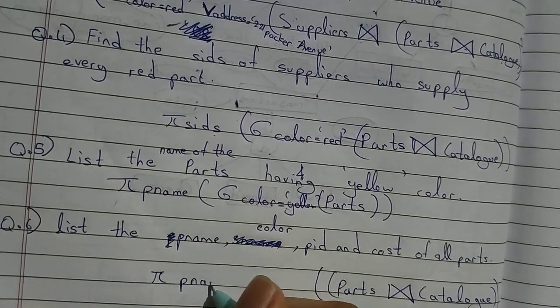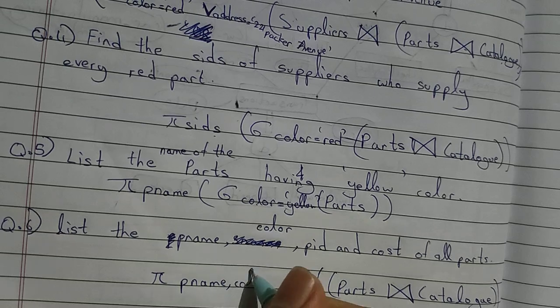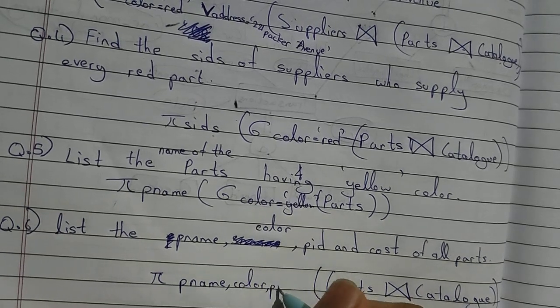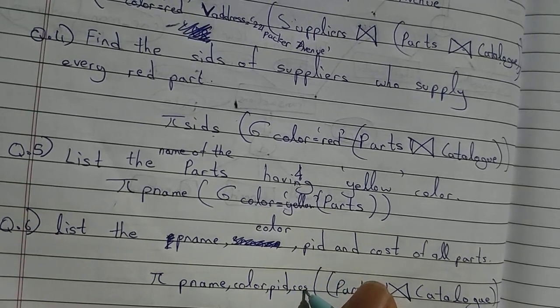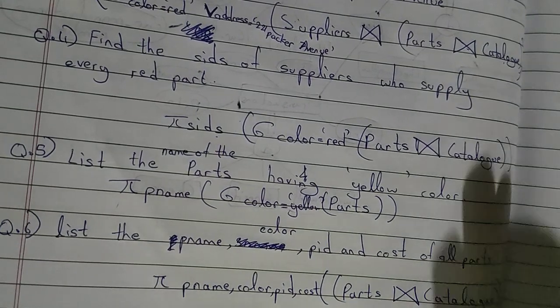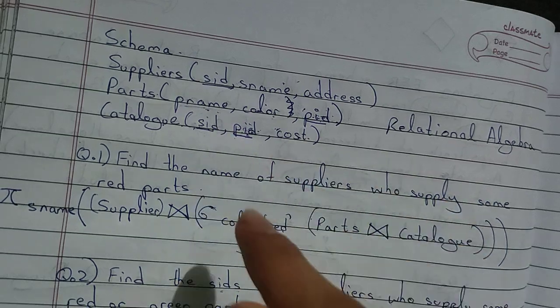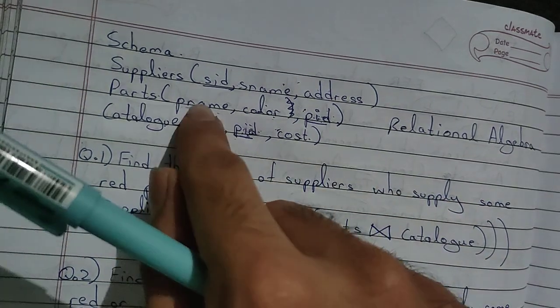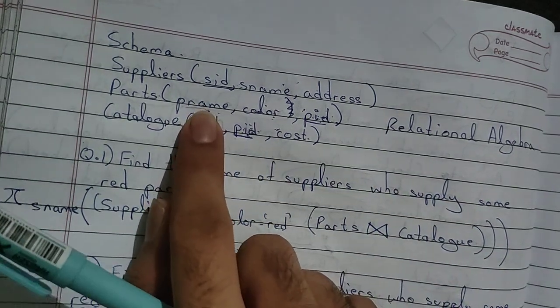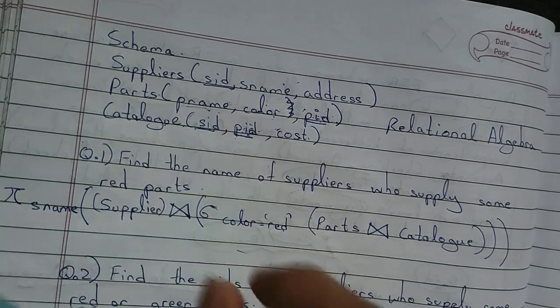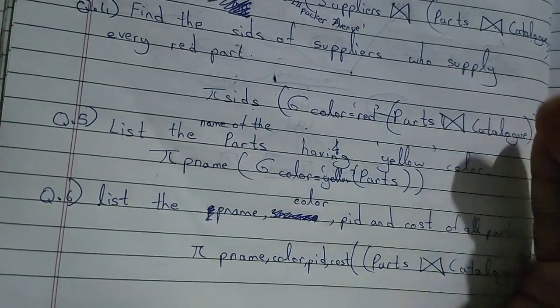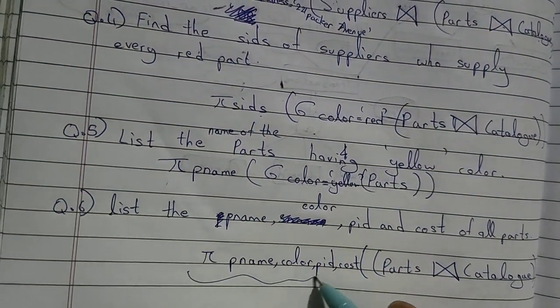The rest of the columns we are not bothered with. So by performing the projection operation, we can get rid of this column and get only our product name, color, PID and cost. So I guess with that we are done with this question.